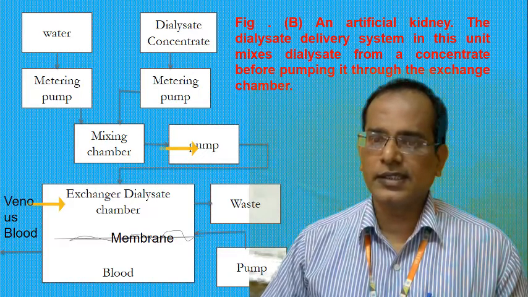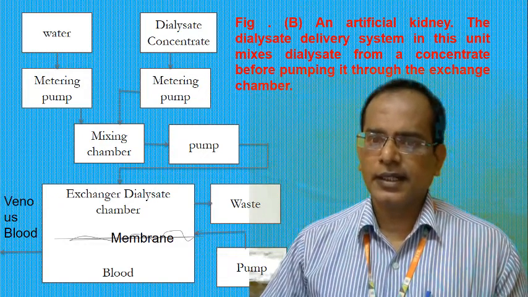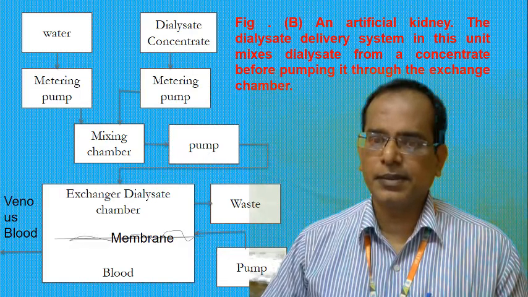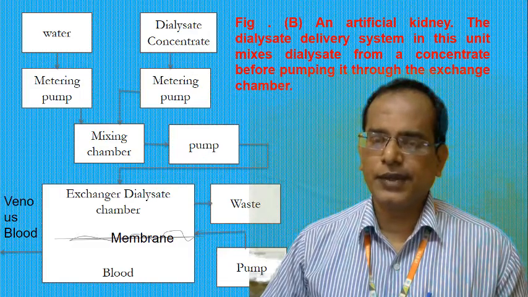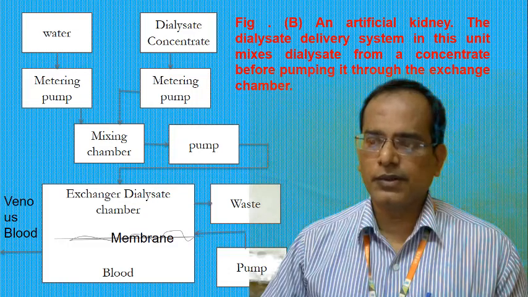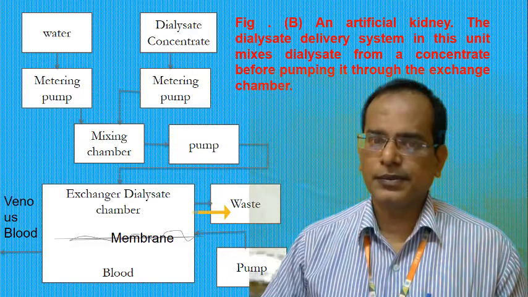So this dialysate chamber receives the unclean blood and dialysate concentrate, both are added, and with the help of the semi-permeable membrane the blood is purified, and unwanted products, molecules and waste have been removed through the pump.